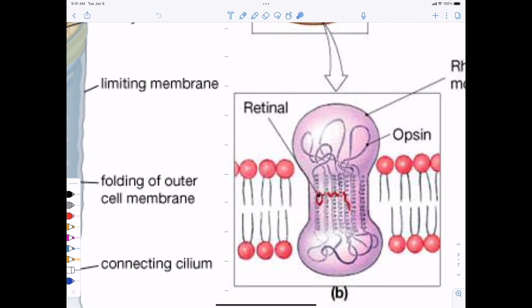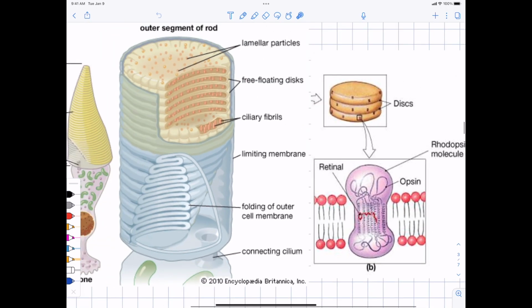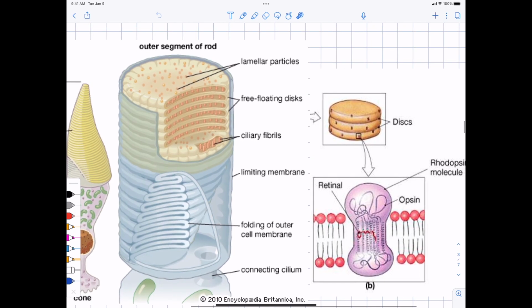The way that's linked to the protein is through a bond that you'll learn about in 352 called an imine, I-M-I-N-E linkage. So we're sort of zoomed in on these segments. These are the ones that do the absorbing of light.